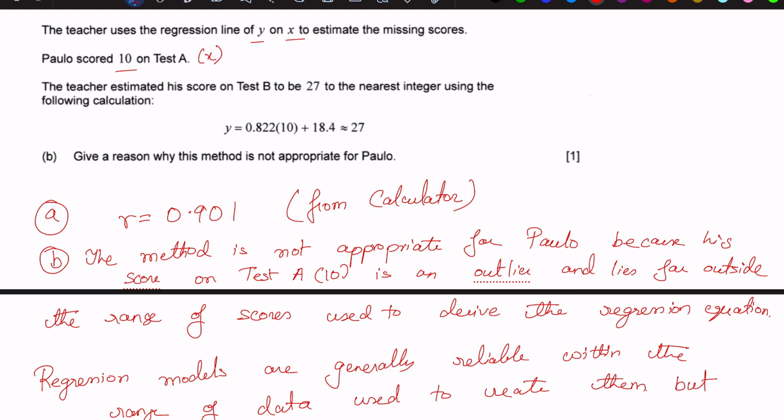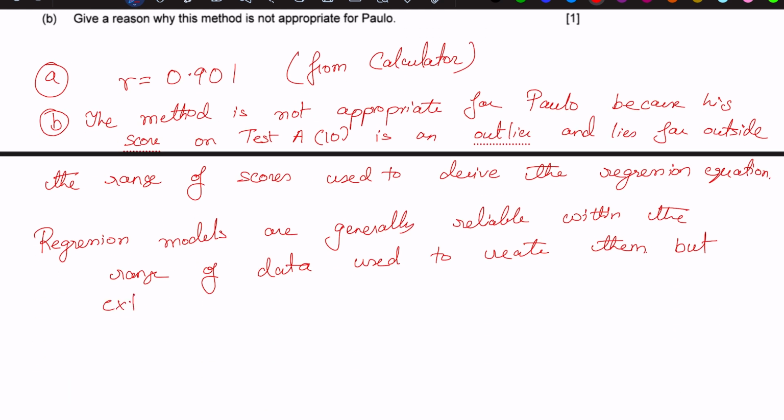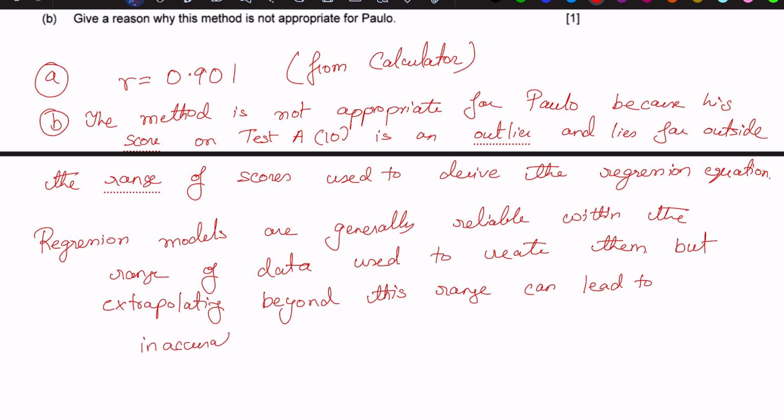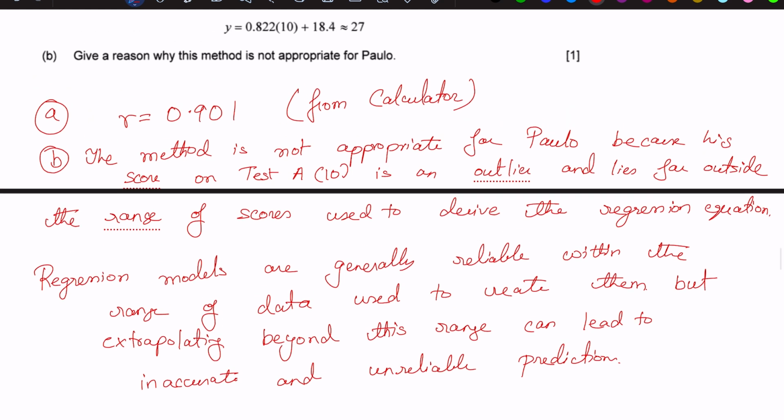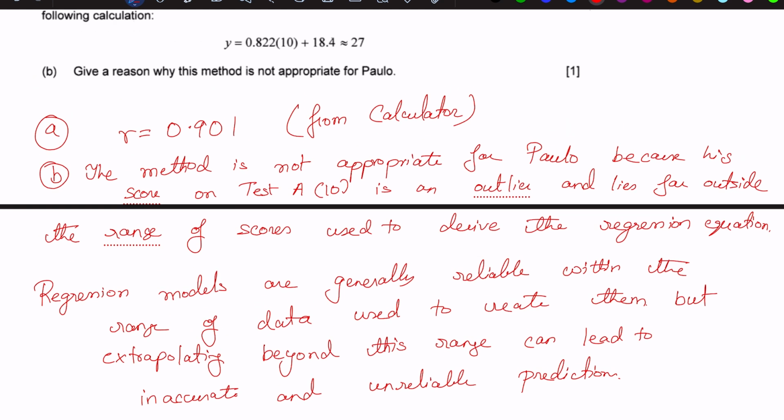But extrapolating beyond this range can lead to inaccurate and unreliable predictions. So this should be roughly our answer. As it's a 1 marker, you can maybe shorten this and write it in your own words.